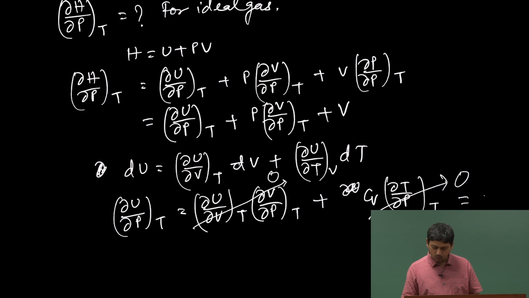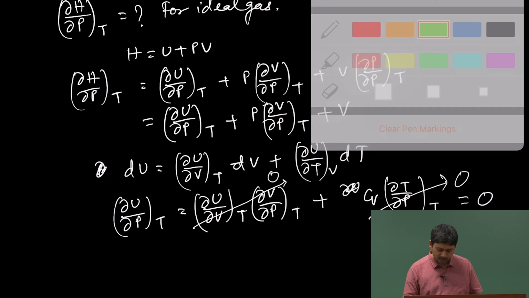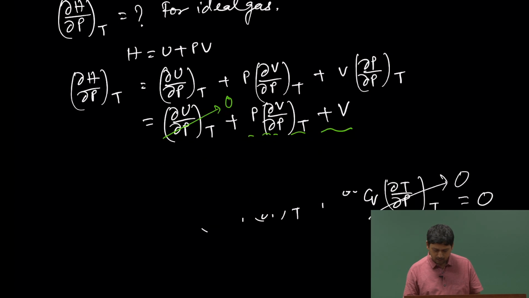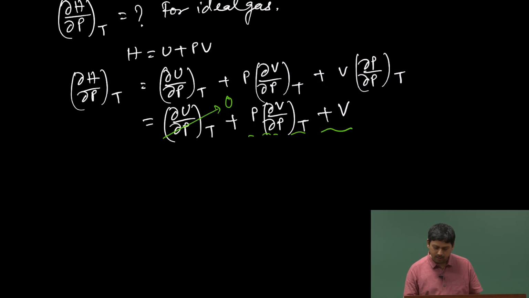So, that means the whole term is going to be 0. Now, what I am remaining with is these 2 quantities, so I am going to erase this part and then calculate that quantity.